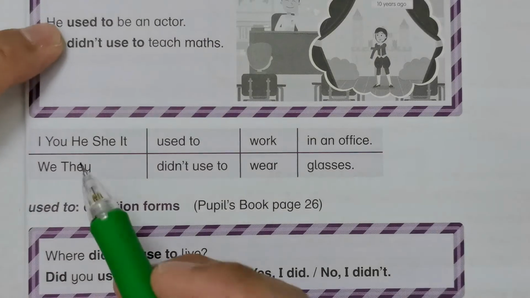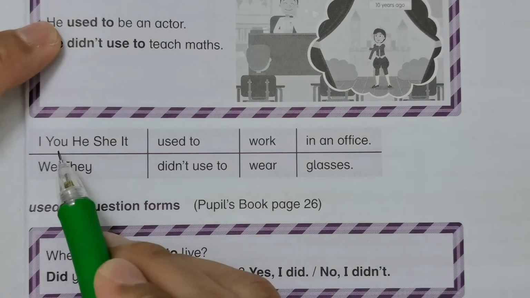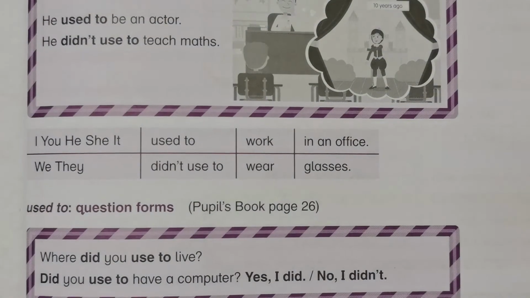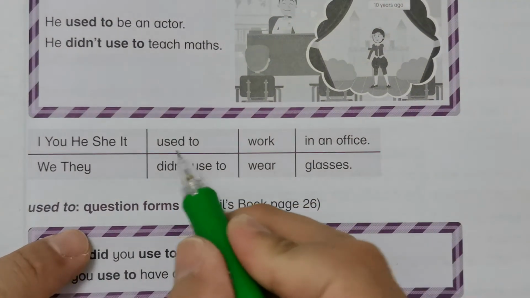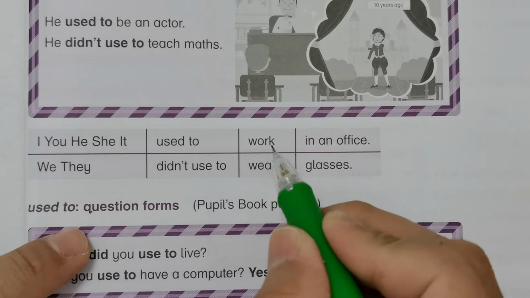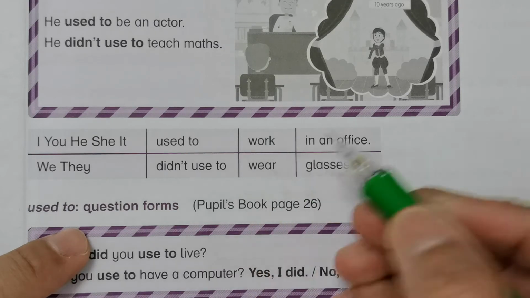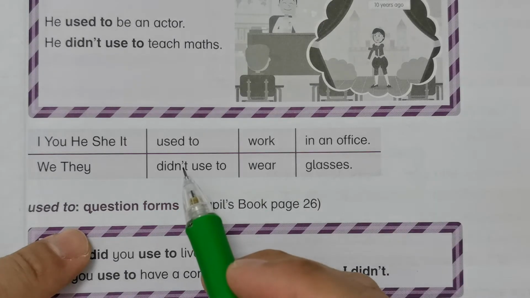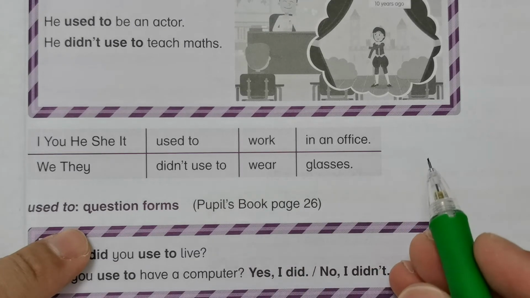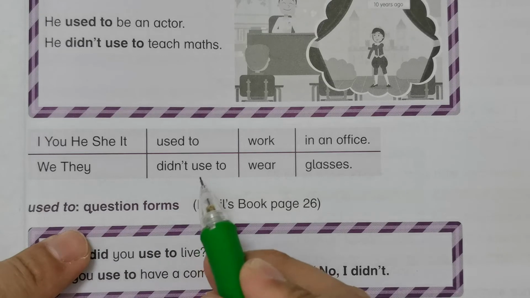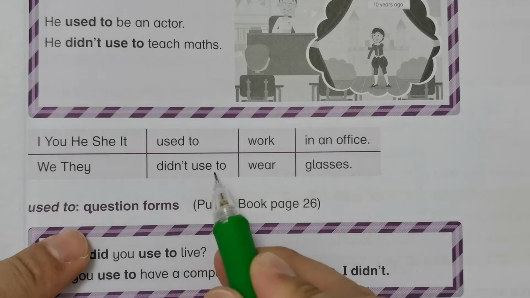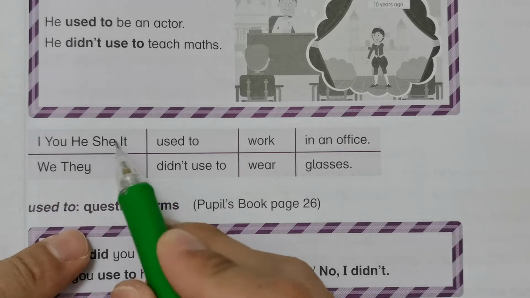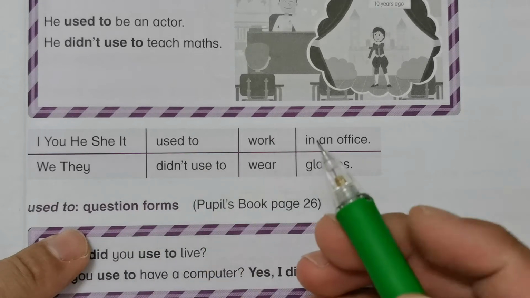And then for these pronouns here, I, you, he, she, it, we use 'used to', and then this is the verbs column, work in an office. And if you notice carefully, for we and they, we use didn't use to wear glasses. So for these five pronouns here, we use 'used to'.